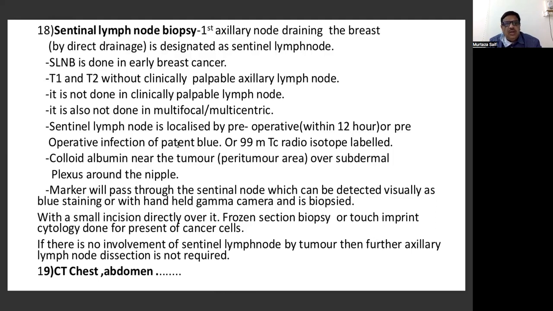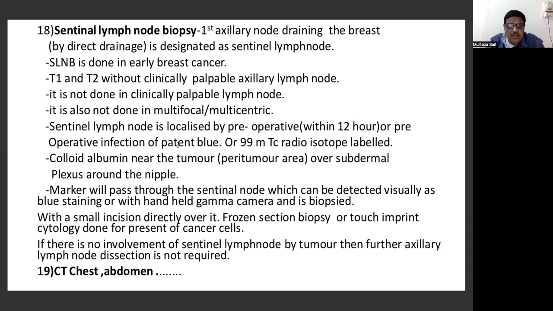It is also done in multifocal, multicentric disease. The sentinel lymph node is localized by pre-operative injection within 12 hours, or intra-operative injection, of patent blue or 99 technetium radioisotope labeled colloid albumin near the tumor, over the subdermal plexus around the nipple.